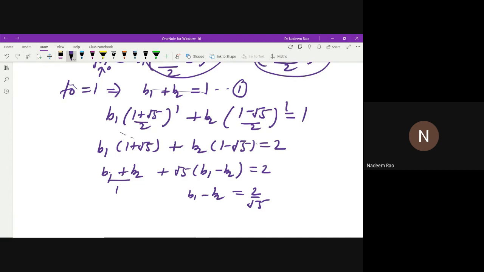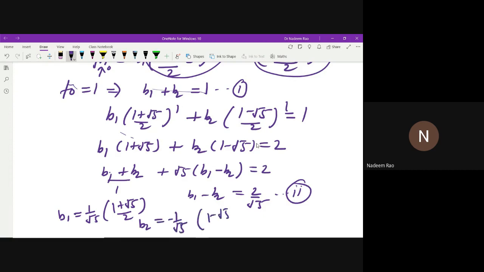So on solving equation number 2 and equation 1, we will get b1 equals 1 upon square root 5 times 1 plus square root 5 divided by 2, and b2 equals minus 1 upon square root 5 times 1 minus square root 5 divided by 2. Substitute the values of b1 and b2 in the final solution, and we will get the required answer.